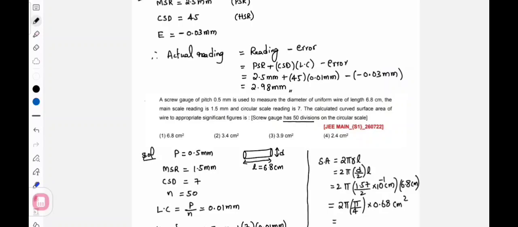So usually pi square is 9.8, by 2 into 0.68 centimeter square.